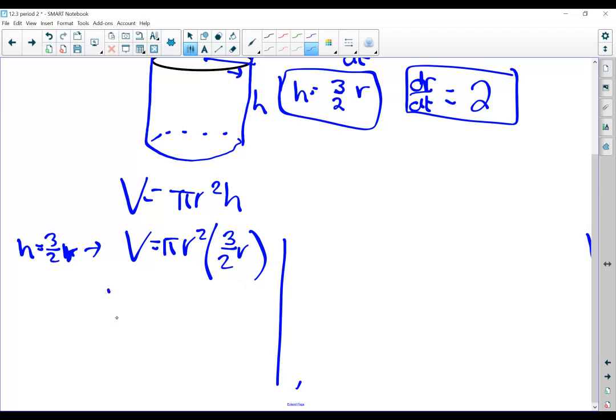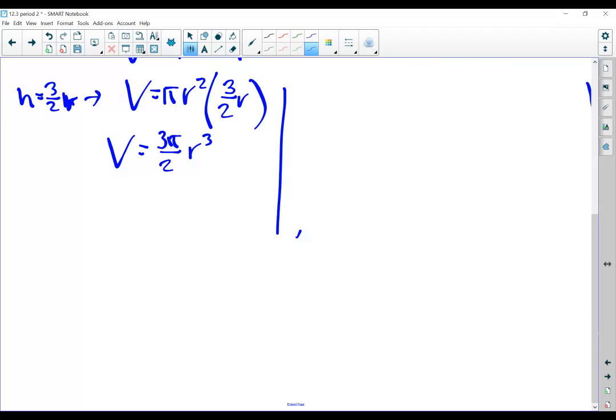So if I were to clean this up, I'm just going to multiply 3 and pi over 2, and then I have r squared times r, which is r cubed, and that would be my function. And now I'm ready to take the derivative. dV/dt equals 3 pi over 2 times 3r squared dr/dt.